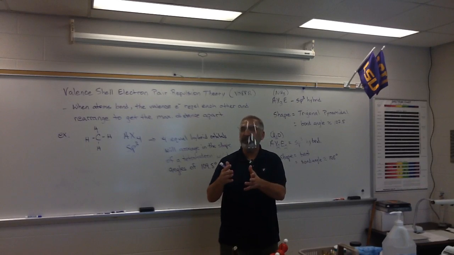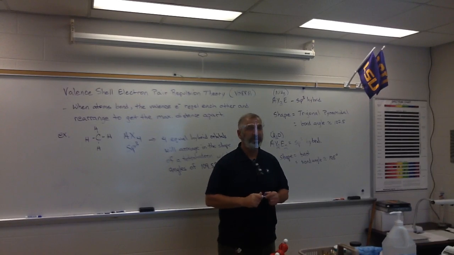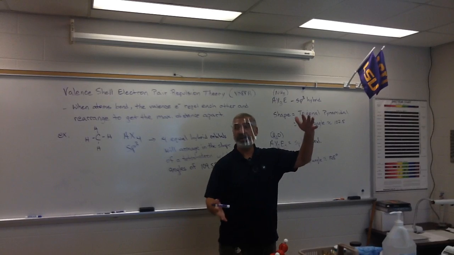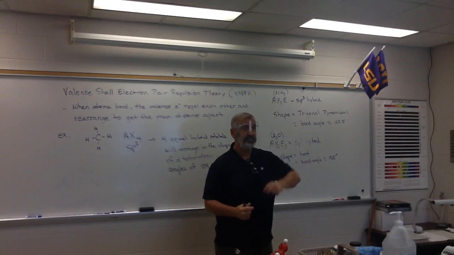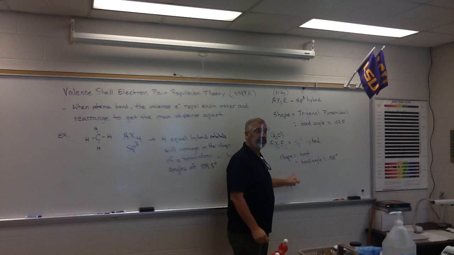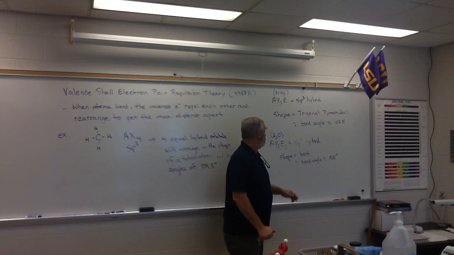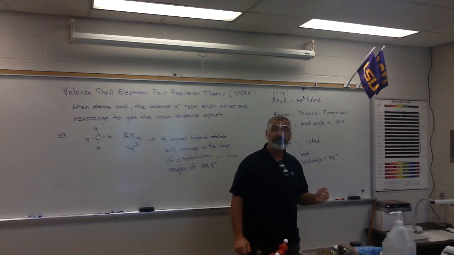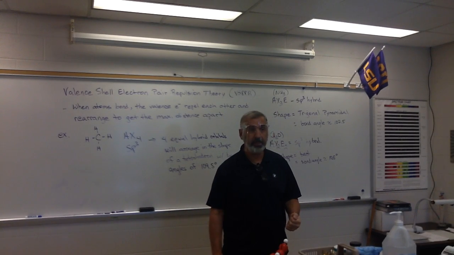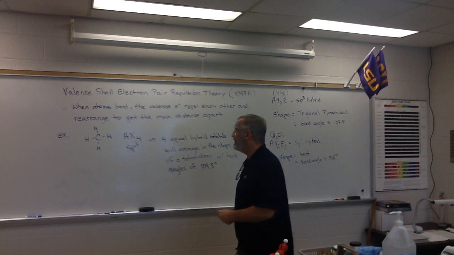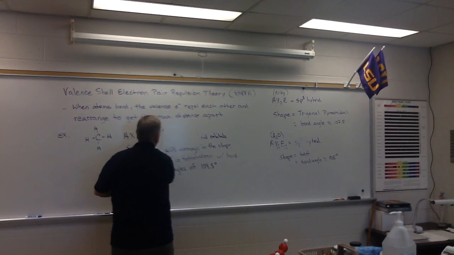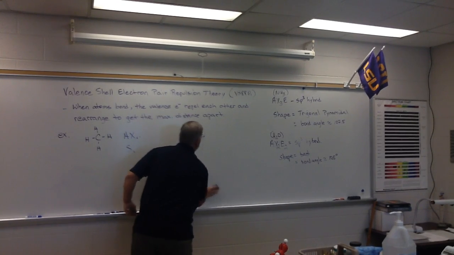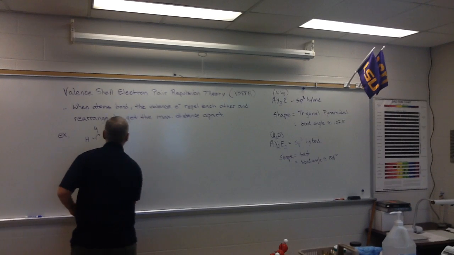Just 2 to 3 degrees less per lone pair. On the AP test, they give you a wide range of possibilities on what these bond angles are going to be. Okay? So, that's the most common shapes, because that's your filled octet. Okay? But what if we have 3 areas, AX3?